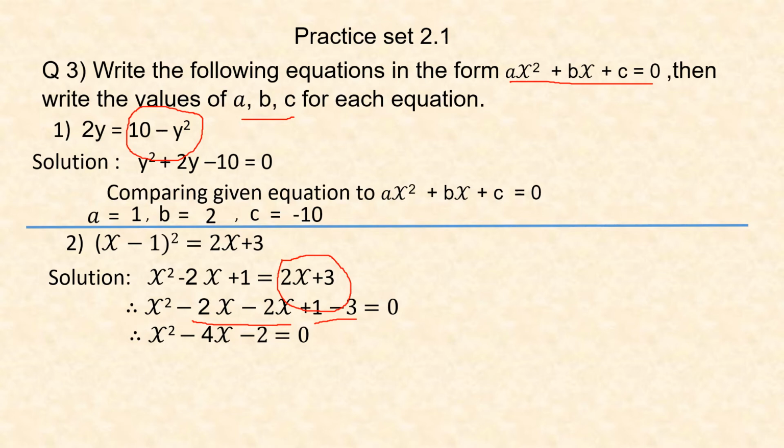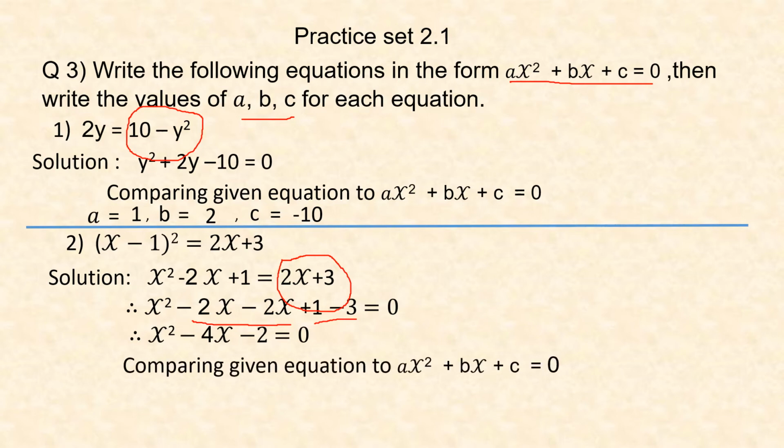Plus 1 minus 3: here signs are different, therefore we subtract 1 from 3, that is 2, but give the sign that is minus, because 3 has the minus sign.